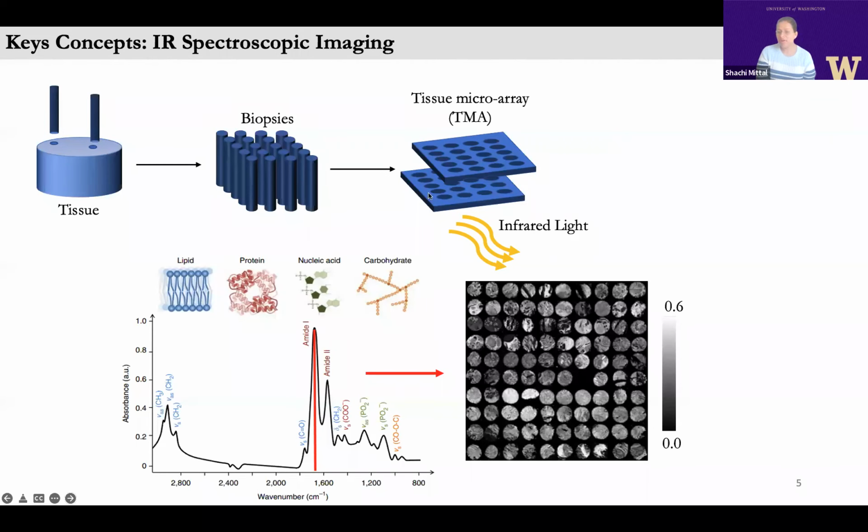And when we throw infrared light of various frequencies, which means thousands of frequencies in our case, on the sample, depending upon what type of molecule was present at that pixel or location of the image, it's going to absorb those thousands of frequencies differently. So every pixel on this image is going to have a different spectral profile or absorption spectra. And each of these peaks gives us some information about lipids, proteins, nucleic acids, carbohydrates, which we know will change when a cell becomes cancer other than being normal.